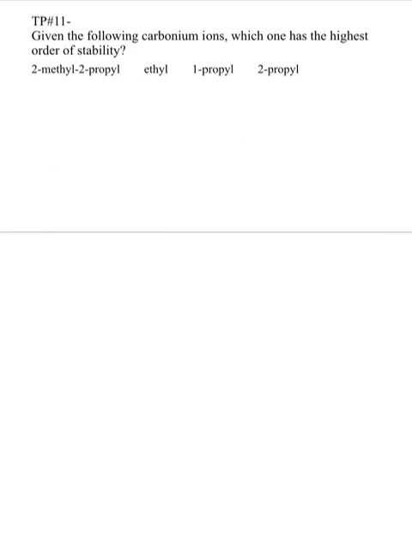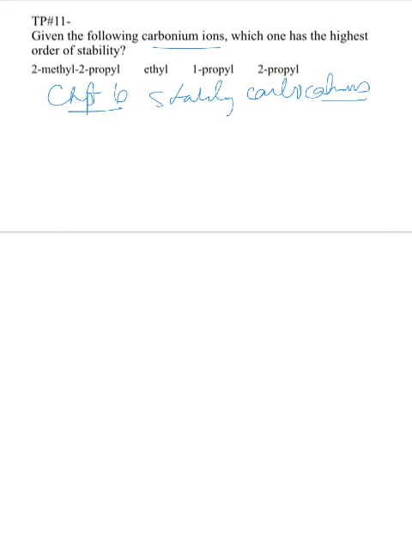Given the following carbonium ions, which has the highest order of stability? So carbonium ion. This is chapter 6. And you need to look at your stability of carbocations.